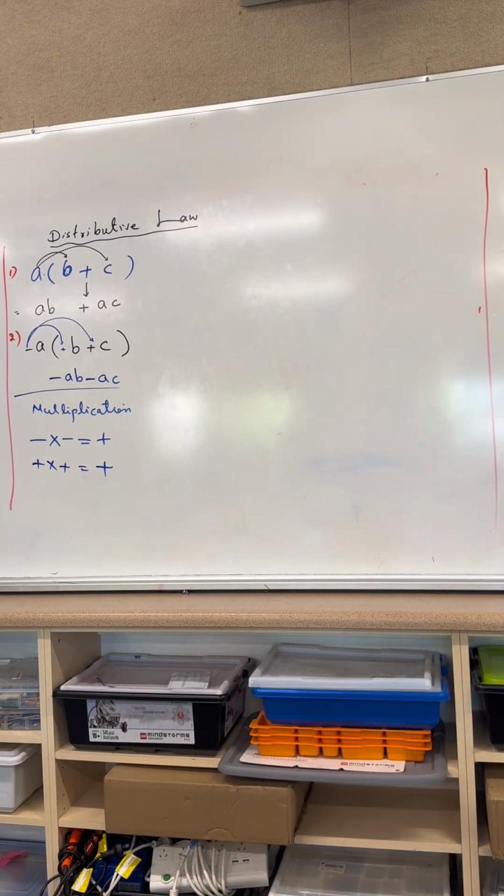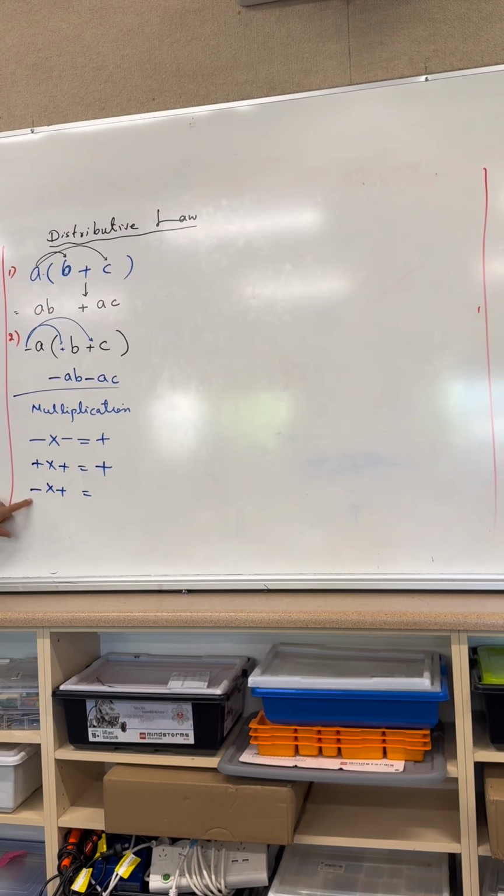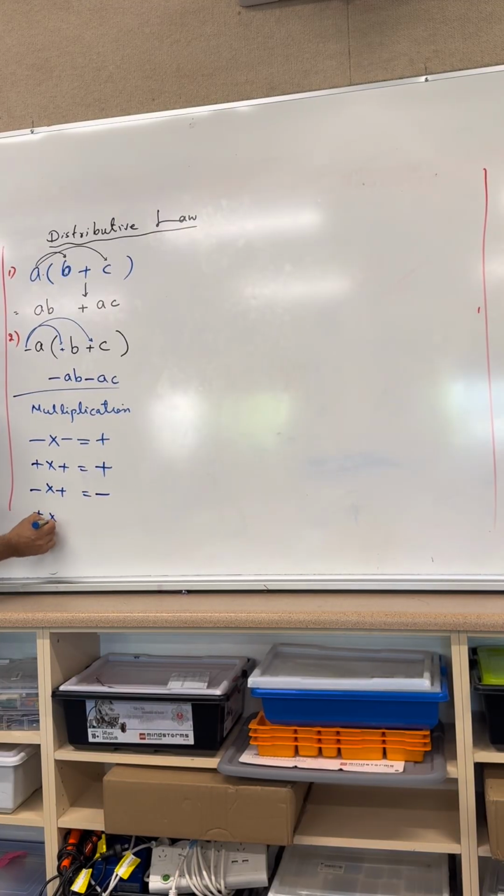If I have different signs, negative times positive, what should be the answer? Negative. Different signs, when you multiply them, will always turn to negative. And positive times negative is negative. If you look here, these two make a group and these two make a group. Similar sign, always positive. Different sign, always negative.